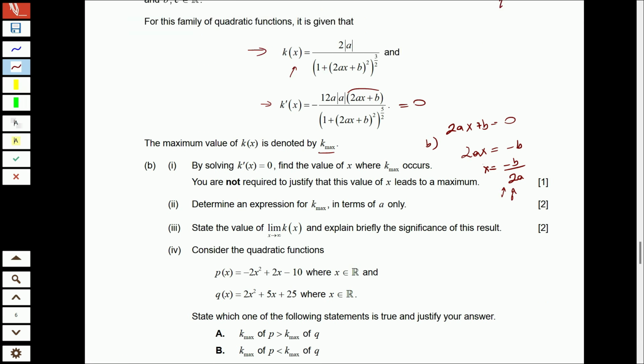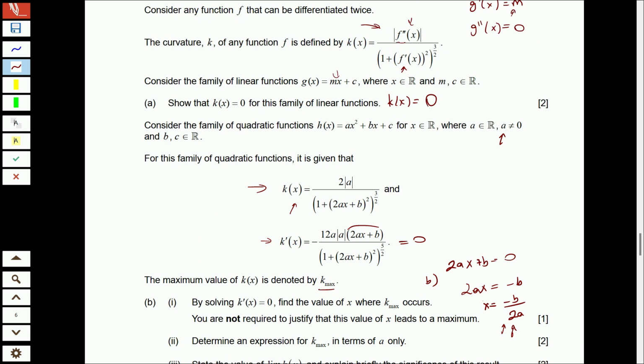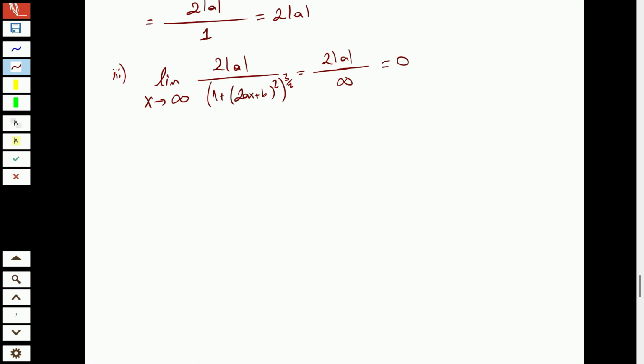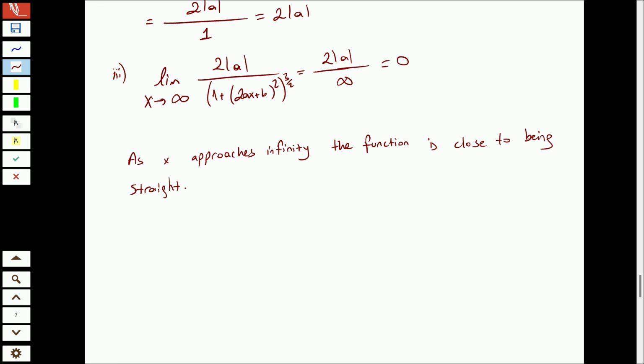We know that k(x) is the curvature of the function. As x approaches infinity, the function is close to being straight because the curvature becomes 0.